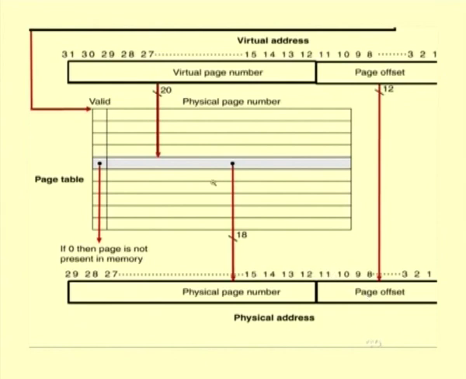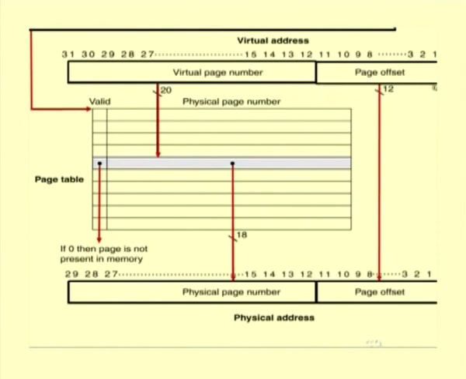This is an example where we have gone from a 32-bit virtual address to a 30-bit physical address. I am assuming 2 to the power of 12, which is about 4K of page size. With a 4K page size, I need 12 bits to access each of the different bytes within each page.